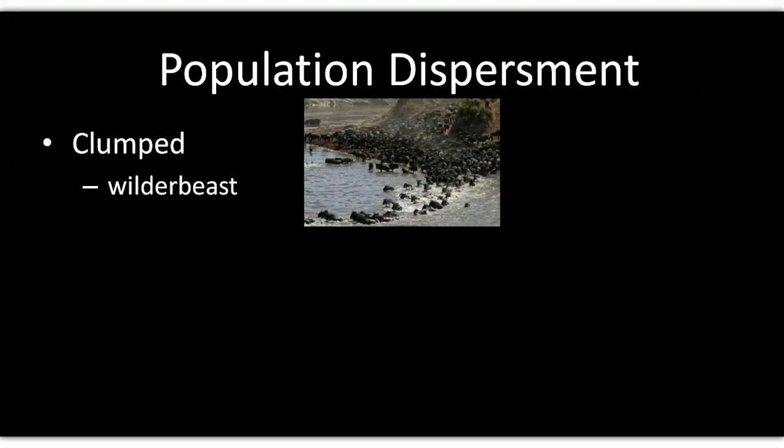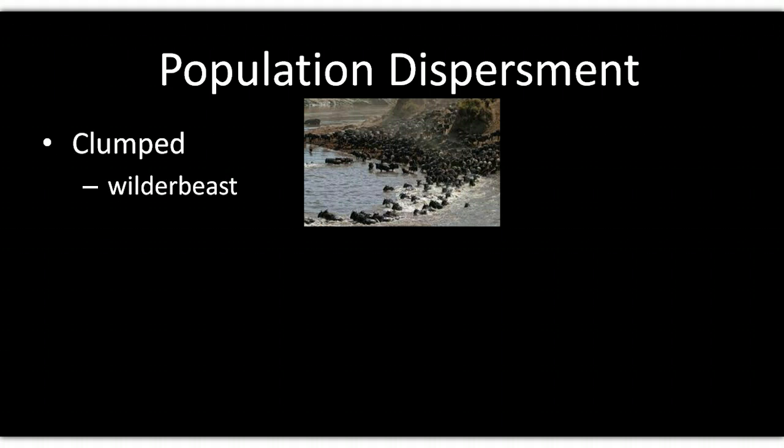All right, we went over this in that quadrant lab, but just to mention it again, there are different ways that species can disperse themselves. The first one would be clumped, and this is when you see those videos of the buffalo running across the prairie, or in this case the wildebeest going across the river.